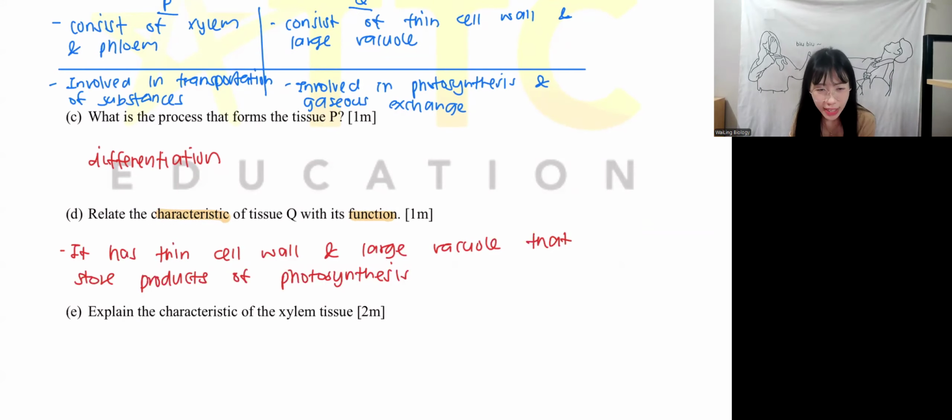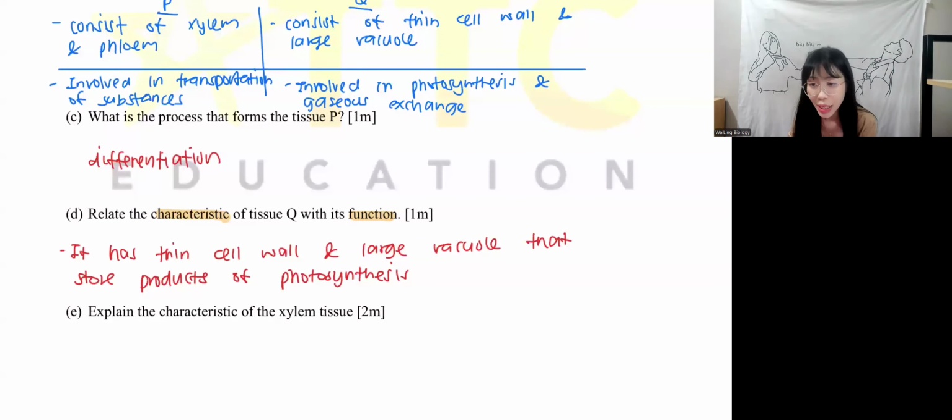Explain the characteristic of xylem tissue. Products of photosynthesis are food, amino acid, glucose. Okay, if you want to say that they are dead cells, can you say that for D, they are made of cortex, but with no function? If you want to talk about the characteristic and the function, cortex is not a characteristic.